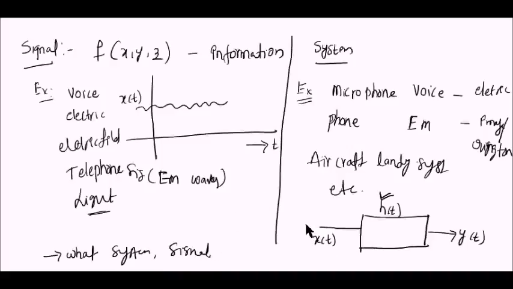Here x of t is a signal, but sometimes this x of t is very complex to analyze, and then it is very difficult to find the output of the system for that input. So what we have to do is represent x of t in terms of some basic functions.